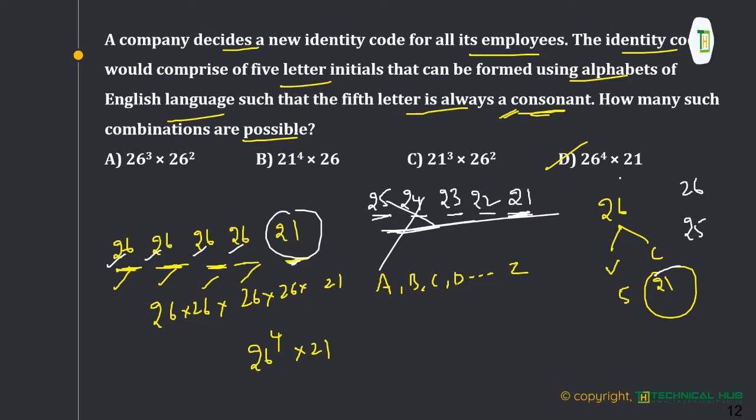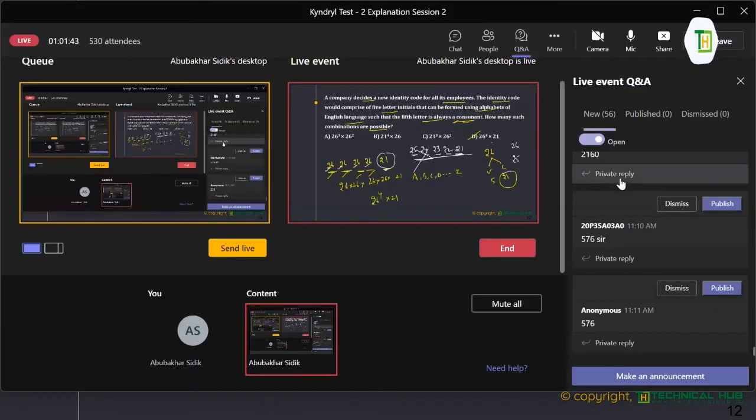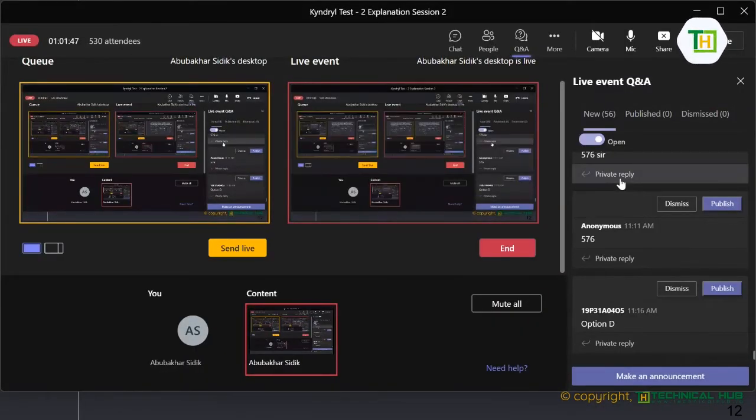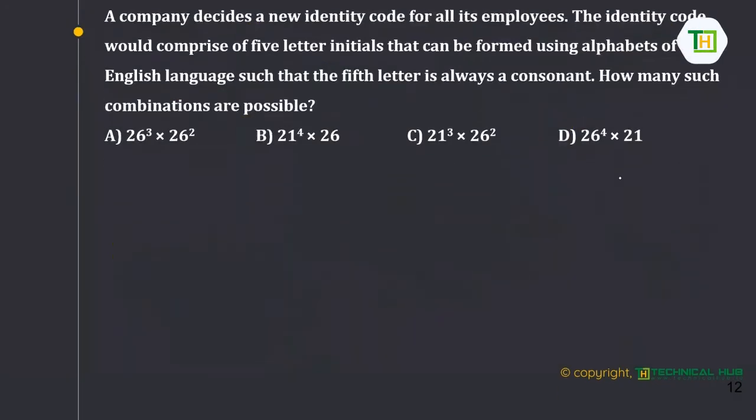The first, second, third and fourth letters can have any one of the 26 letters. Very good. Option D is the correct answer for this question.